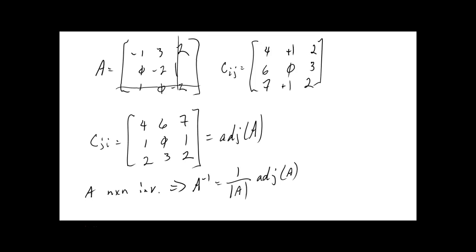Black out this row and this column, then that would give you a negative 2. That would be your determinant, right? And that would be what you would put right there, a negative 2. This one is a minus position, and it'd be a minus 0, so that would be a minus 0 there.